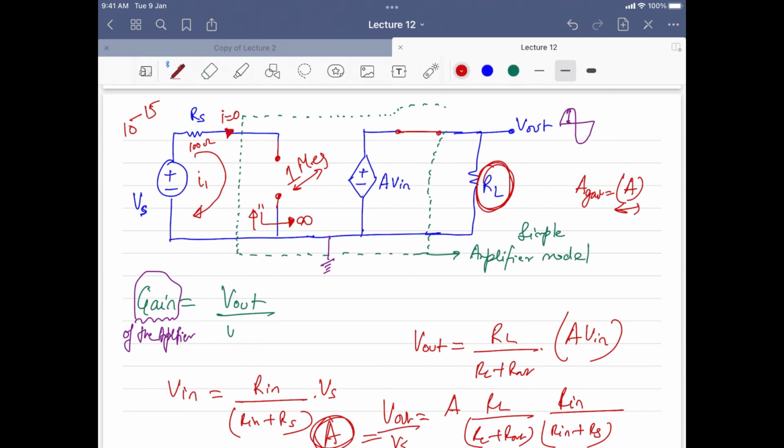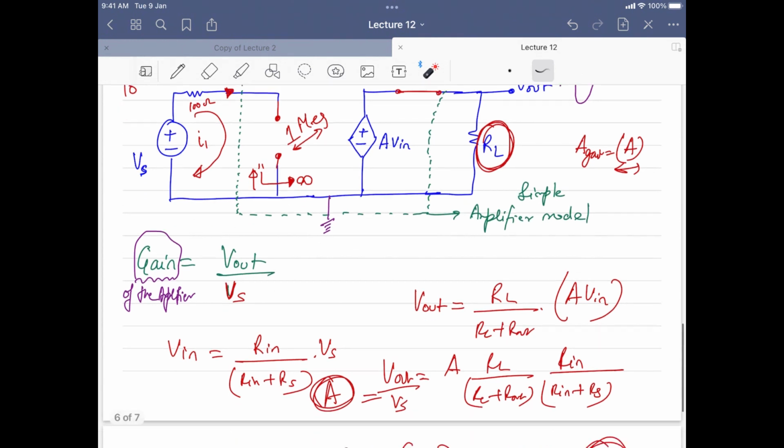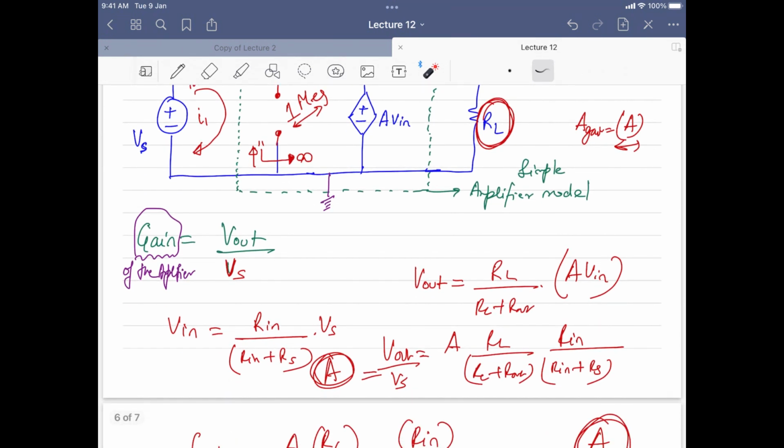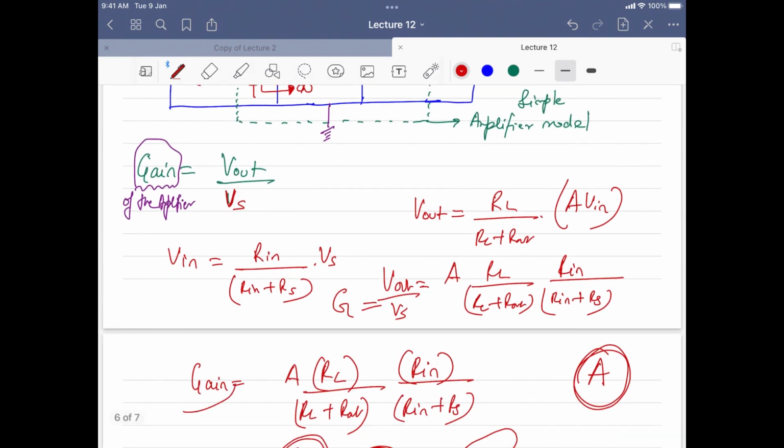It will be V out by VS. Because this is the speaker actually, the person who is speaking in the microphone. Yes, and then you wrote A on both sides, like A is V out by VS. No, this is not A. This is actually, you can say, G, gain. That's why I wrote gain here.